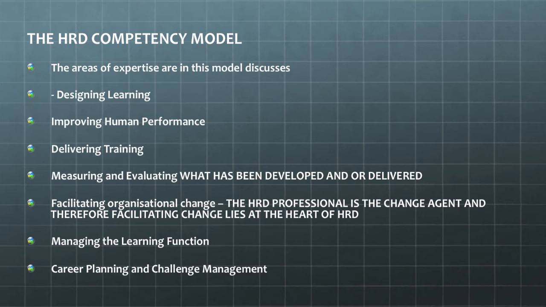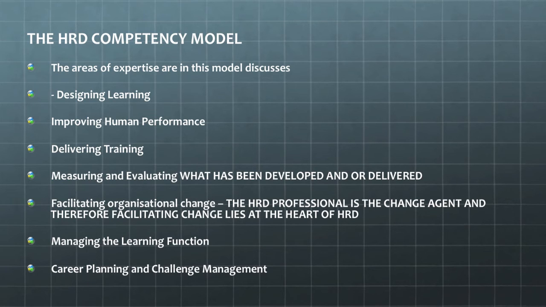The areas of expertise in this model discuss how to design learning, how to improve human performance, how to deliver training, and then to measure and evaluate what has been developed and or what has been delivered. It teaches one how to facilitate organizational change.